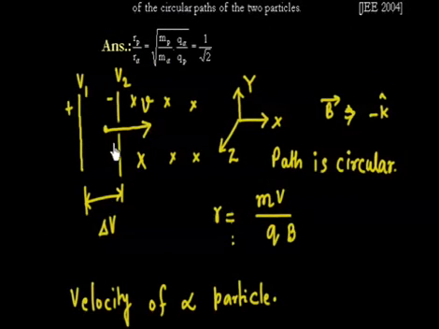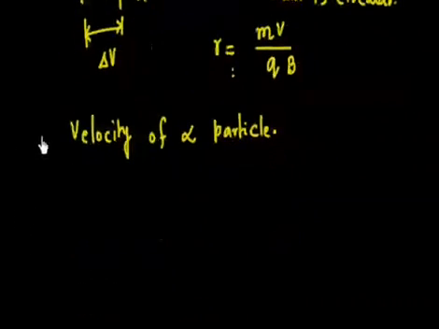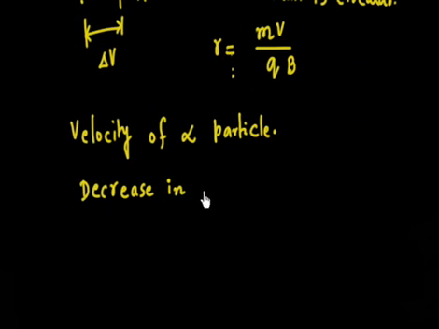There is a decrease in potential energy, that is q into delta V, and that should be equal to the increase in kinetic energy. So the decrease in potential energy is the same as the gain in kinetic energy.